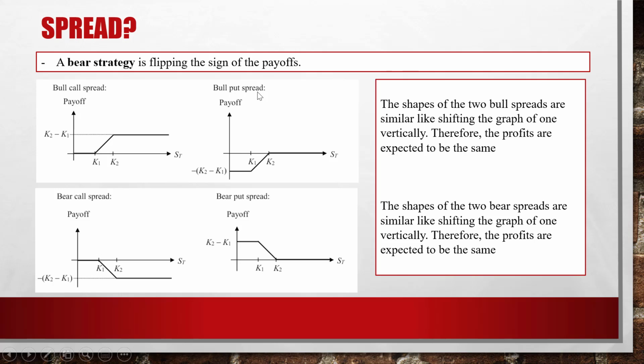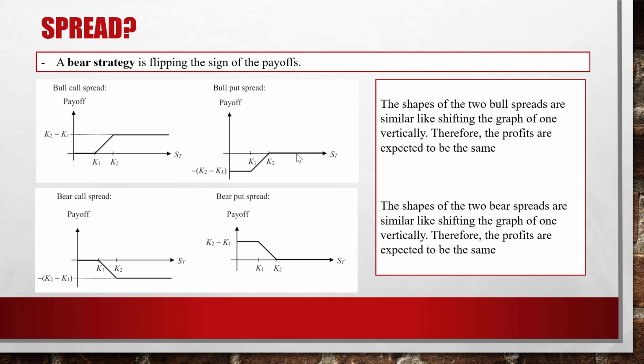And the bull put spread payoff is also a piecewise function. And if you graph it, you have this graph. You see that? So one thing we notice here is that the graphs of them are similar, right? We basically can just shift one graph vertically to obtain the other graph. So we expect that the profits in the two cases should be the same.